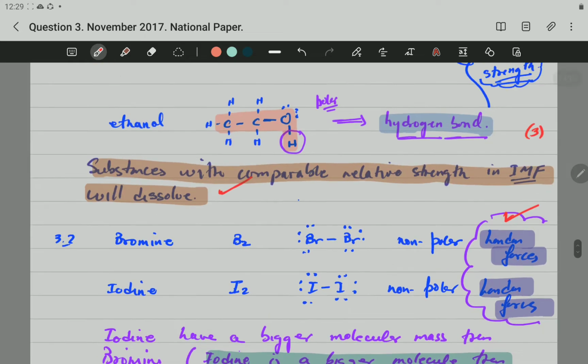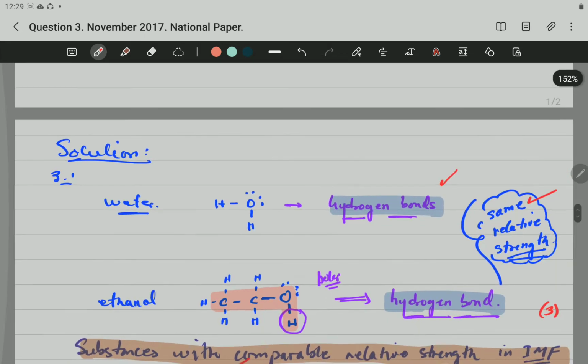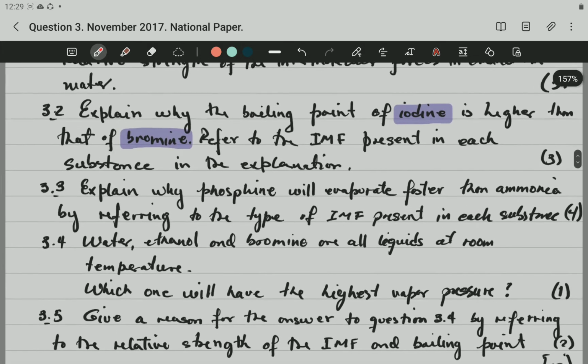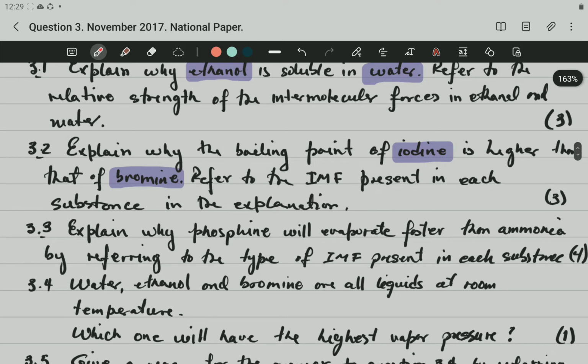Let's go to question 3.3. Explain why phosphine will evaporate faster than ammonia by referring to the type of intermolecular forces.